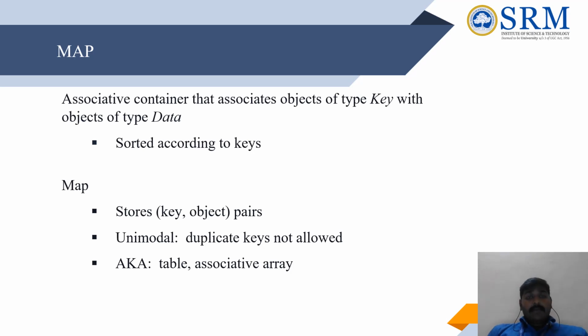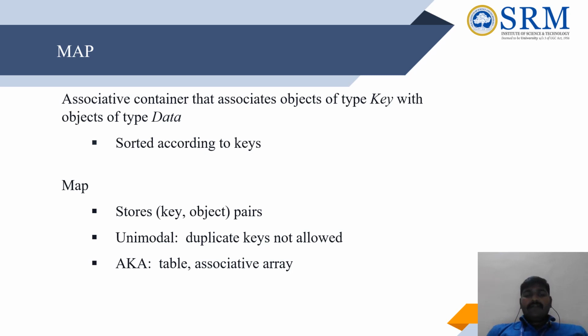Map. As I've told you, here we'll be storing the data in the array with the help of key value pairs. Everything we provide will have a separate key, along with which an object will be placed. We'll be placing everything based on this pair, and with this pair we can search the element.